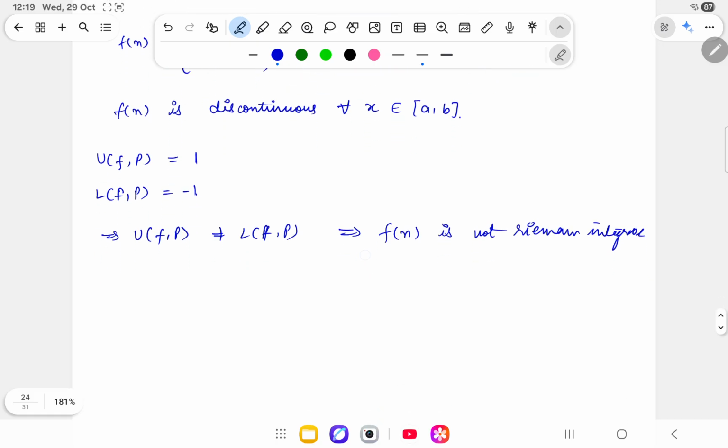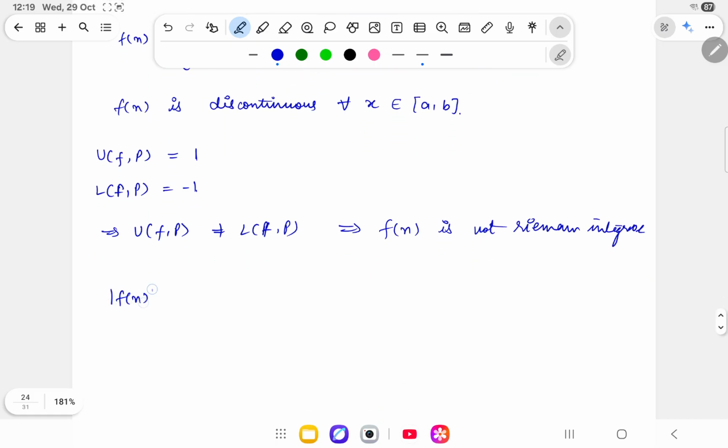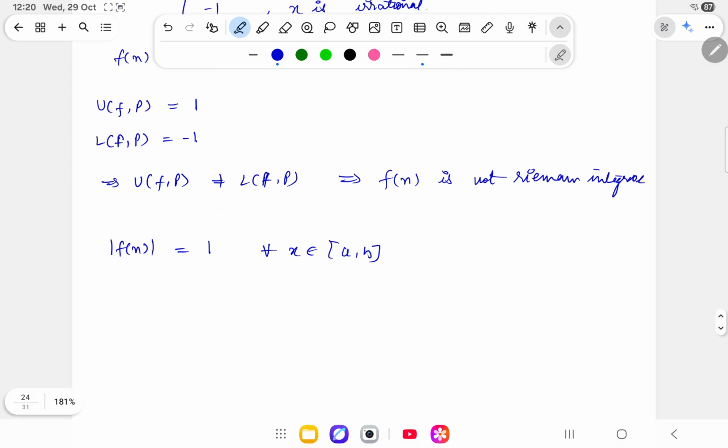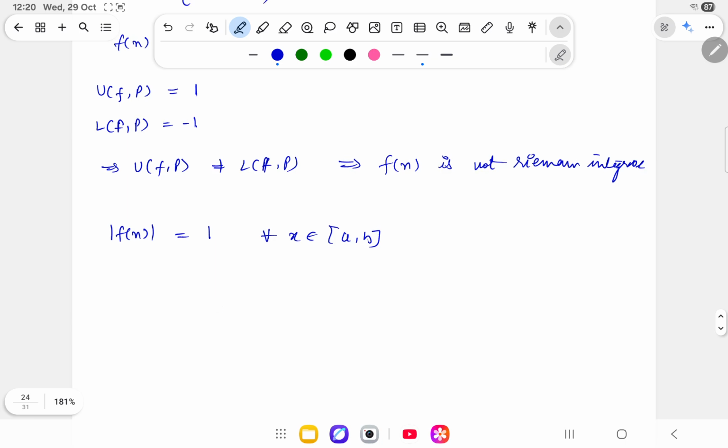But if we calculate the modulus of the function f x, it will be equal to 1 for all x in the interval a to b. Now this is a constant function, and we know that a constant function is Riemann integrable. Mod of f x is a constant function, and a constant function is Riemann integrable.